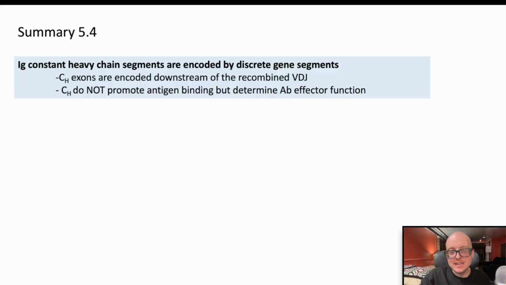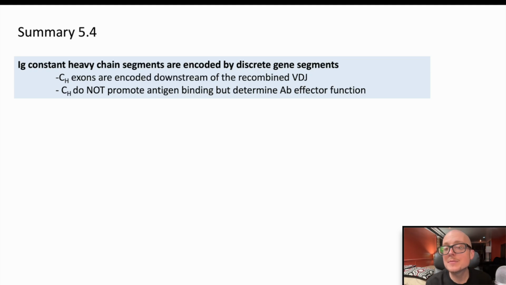Okay, we can summarize now. We saw in this video that immunoglobulin constant heavy chain segments are encoded by discrete gene segments, and that the exons associated with the constant heavy chain are downstream of the recombined V, D, and J segment. That's actually a point that I did not quite say: class switching is always happening long after VDJ recombination.